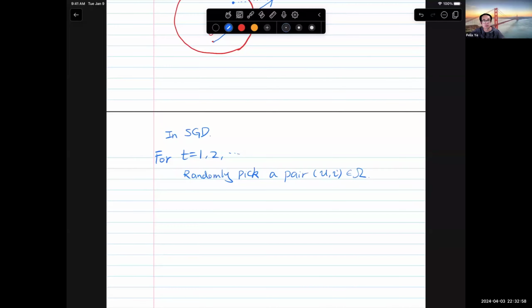I want to remind you that previously we had W_u equal to (1 minus eta_t lambda) W_u minus eta_t (W_u H_i transpose minus A_ui) H_i. This is the method we have been using before.